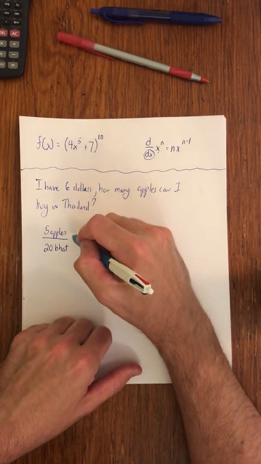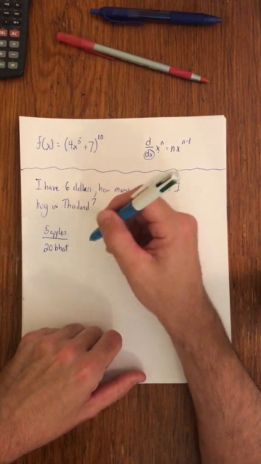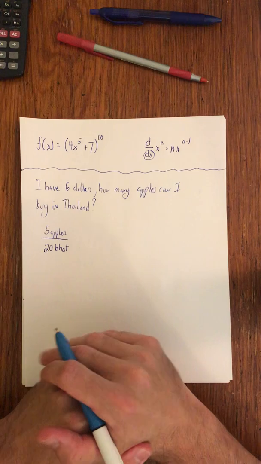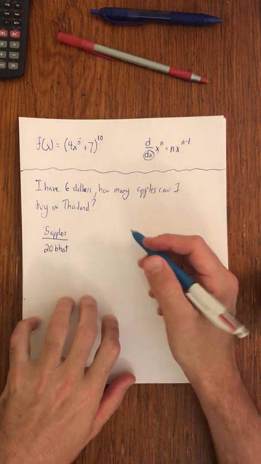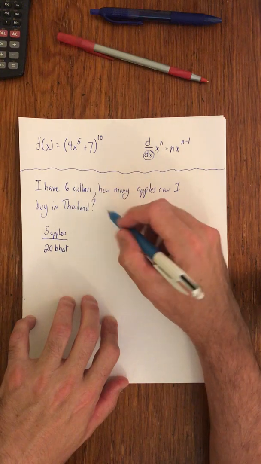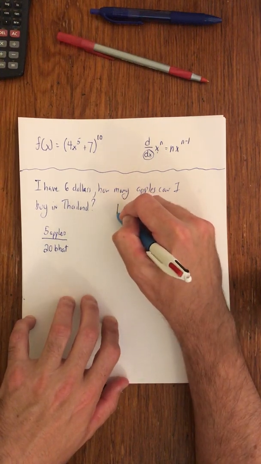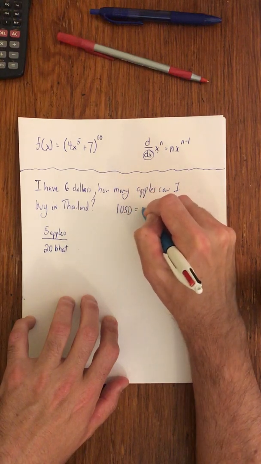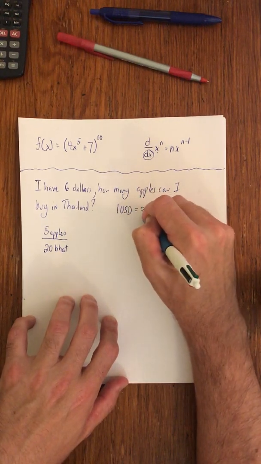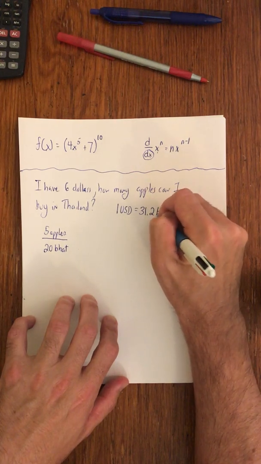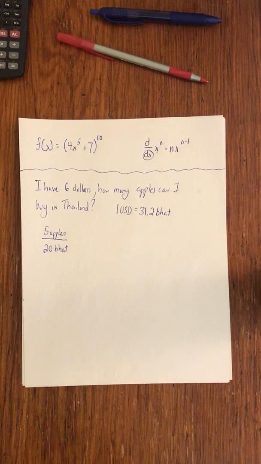So 5 apples for 20 baht. So now I can solve the problem, right? Of course, the answer is no, because I need another piece of information. $6, how many baht is that? Well, $1 US gives you, at the time of this filming, 31.2 baht.